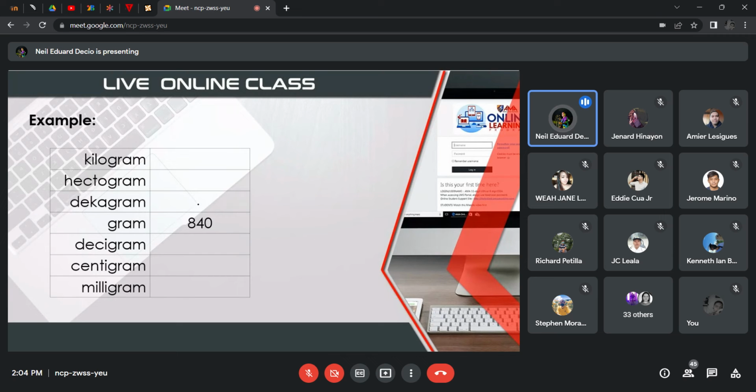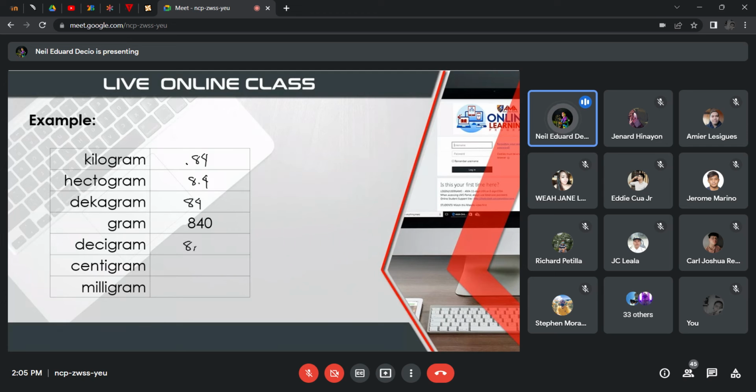Let's try to convert this for decagram. How would we convert 840 gram into a decagram? That would be 84, right? Tapos pag hectogram naman, that's 8.4. Kilogram, that is 0.84.